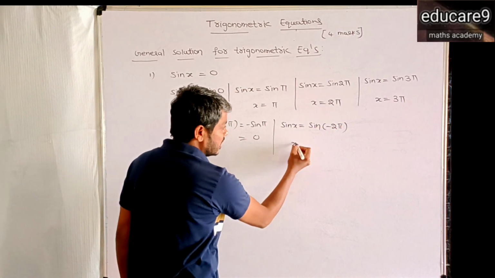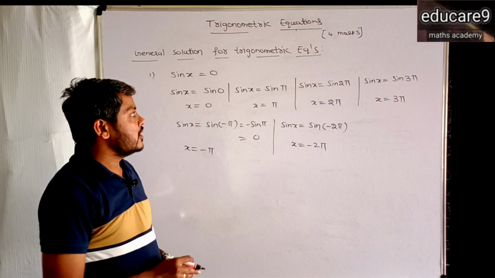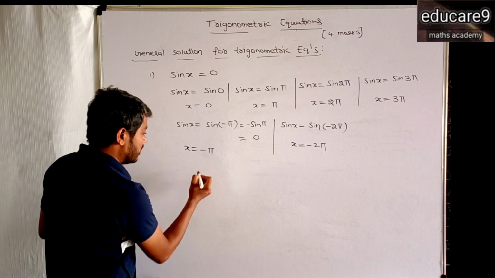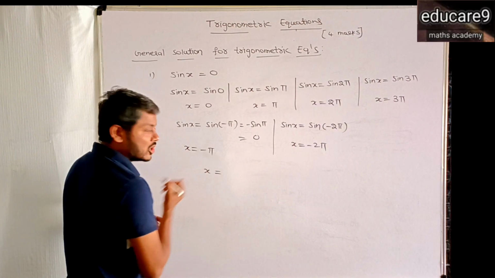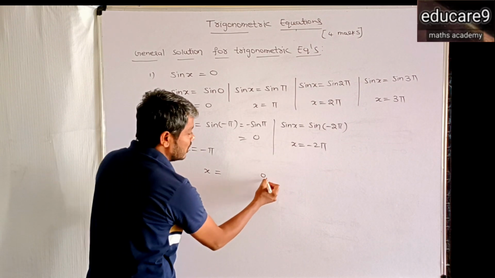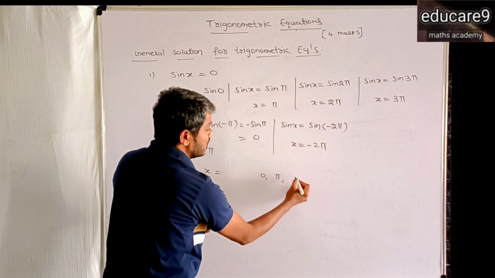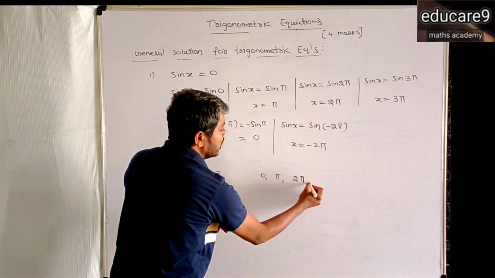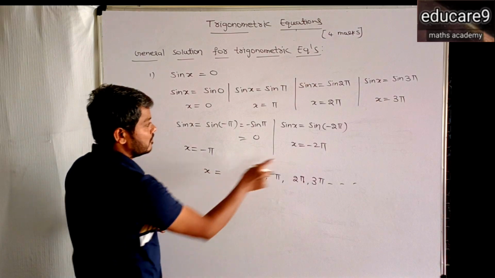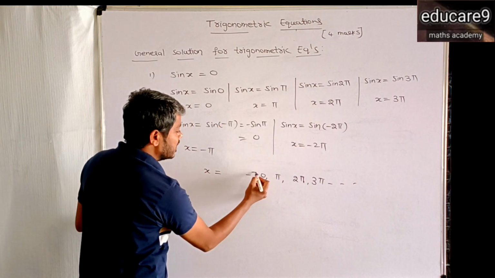Then what is the solution? x is equal to minus 2 pi. So clearly we can write the solutions of the given trigonometric equation. I am writing the solutions: x is equal to first 0, and on the right hand side, what are the values? Positive values: pi, next 2 pi, 3 pi and so on. On the left hand side, means negative values, so what are the x values? Minus pi.